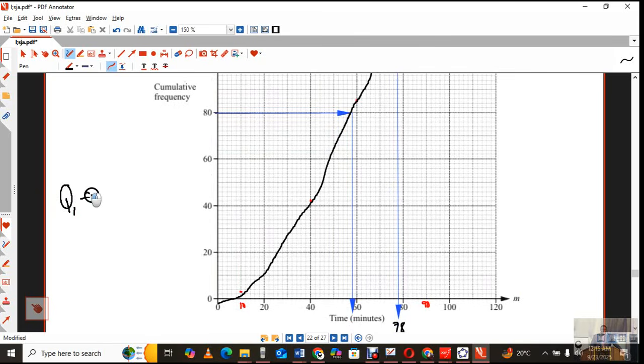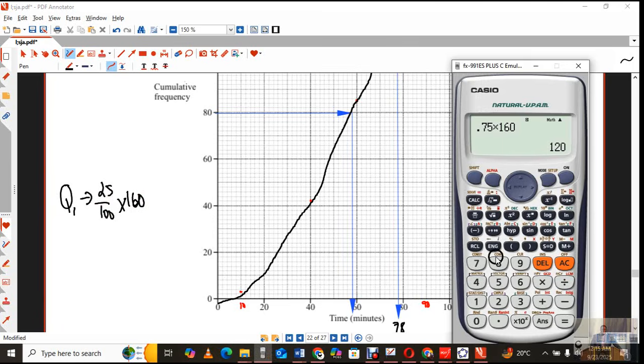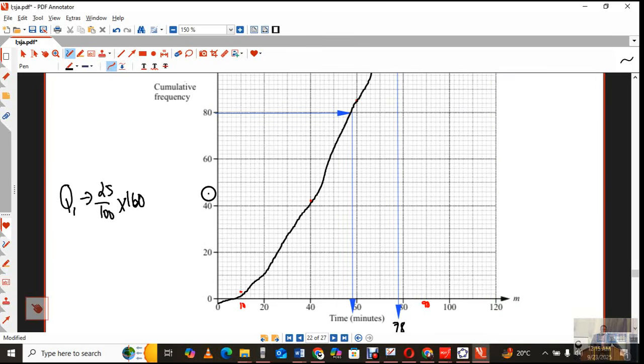And what does that give you? Okay, 25% is 0.25. That gives me 40. Is it 40? 25%. So I'll now go to 40. That means I'm going to go to 40 here on my graph.